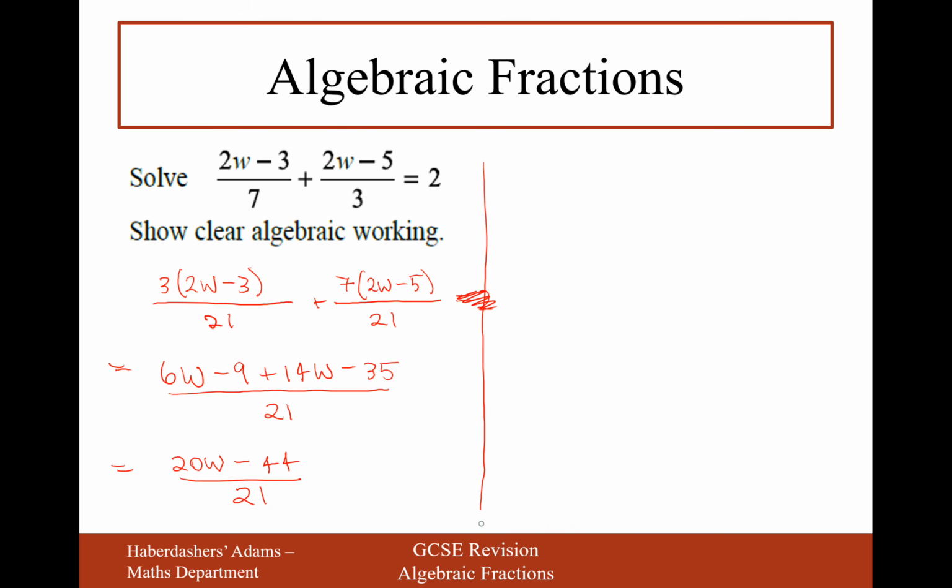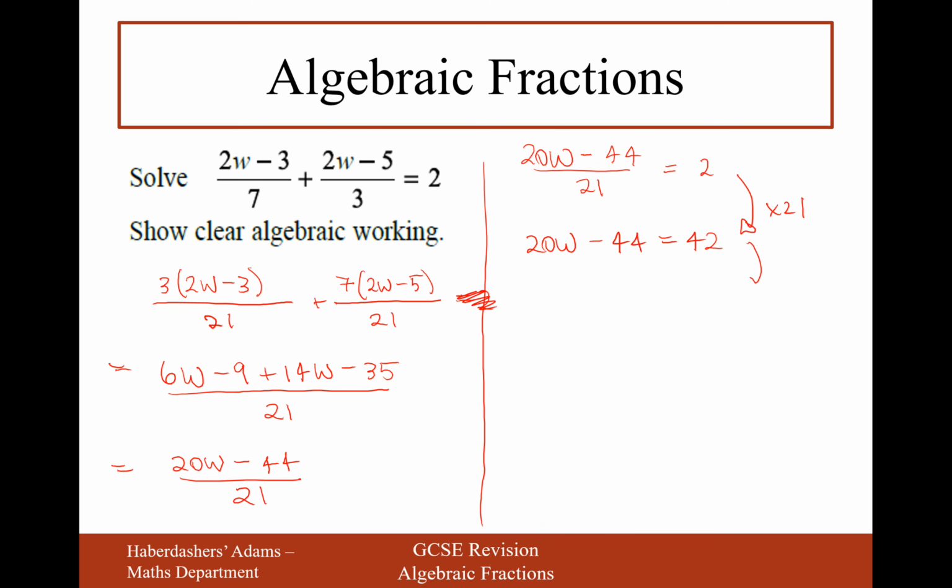Okay, so let's now set this fraction equal to 2, so it would be 20w minus 44 over 21 equals 2. Okay, so next thing to do will be to multiply the 21 onto the other side, so multiply by 21. That will give us 20w minus 44 equals 42.